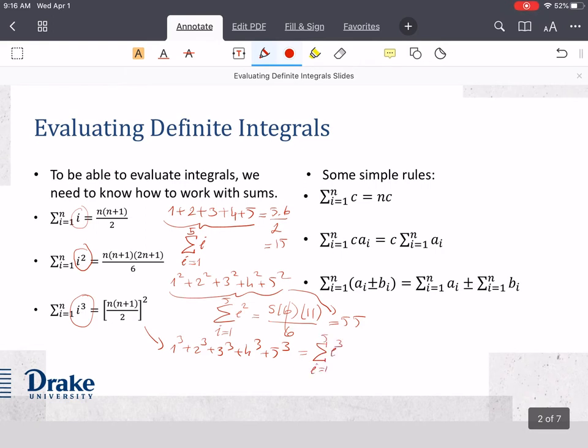And then the way we calculate that is n times (n plus 1) over 2, squared. So 5 times 6 over 2, squared, which is 15 squared, which is going to be 225. Okay, so those are some of the things about sums that we need to know.